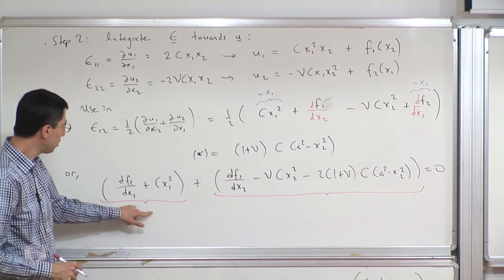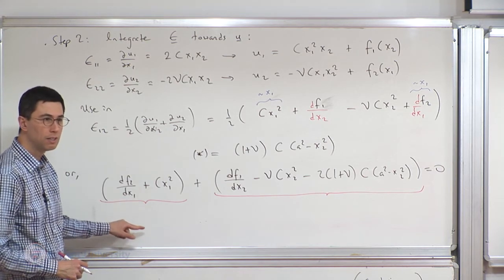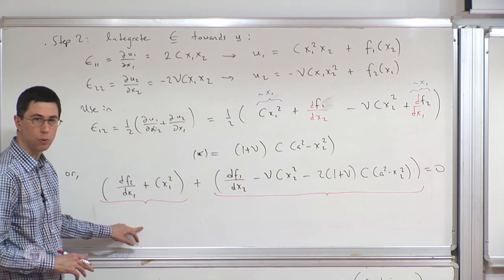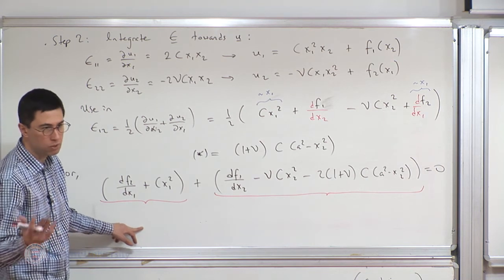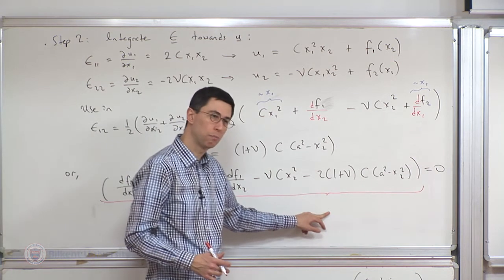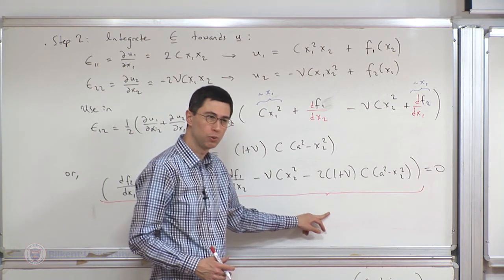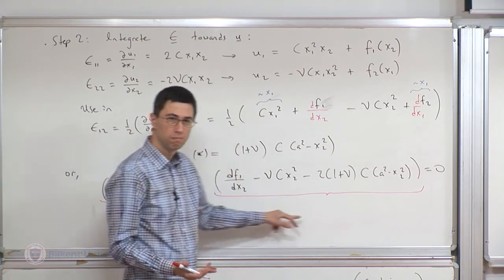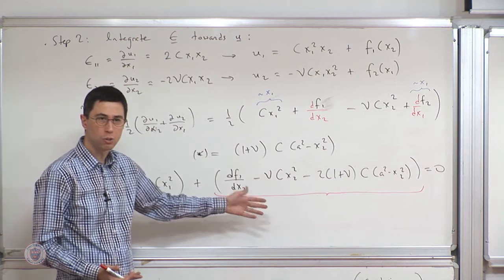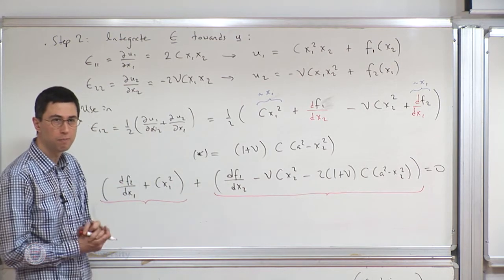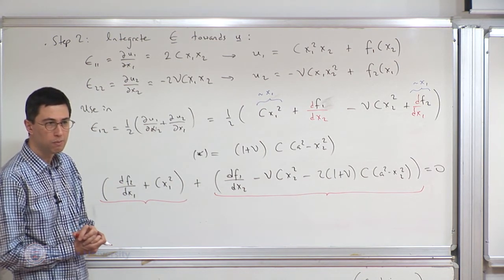For instance, this is a function of x1 only, at most. Let's say it's x1. And this is a function of x2 at most. Let's say it's x2. x1 plus x2 is equal to 0. Clearly impossible. So then, what's the trick?